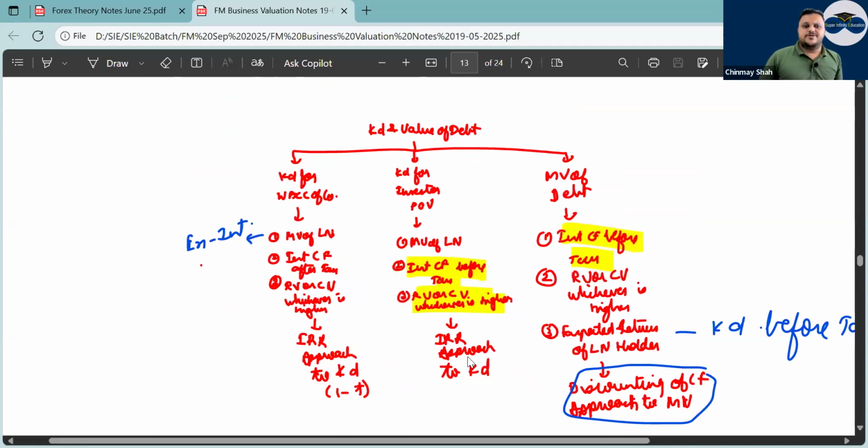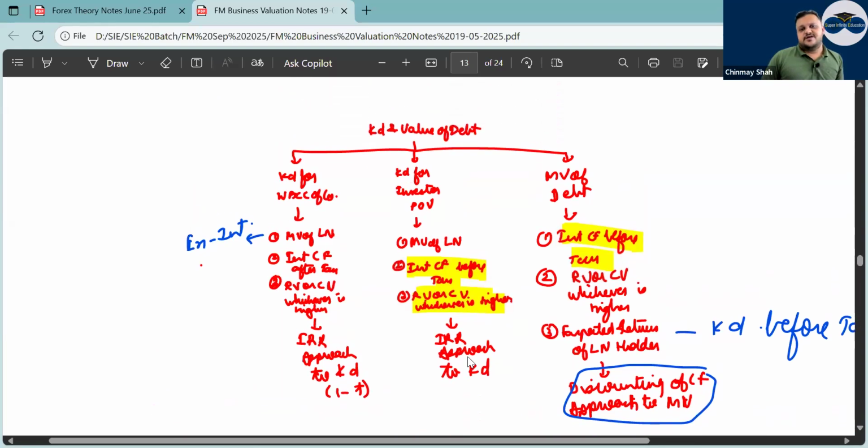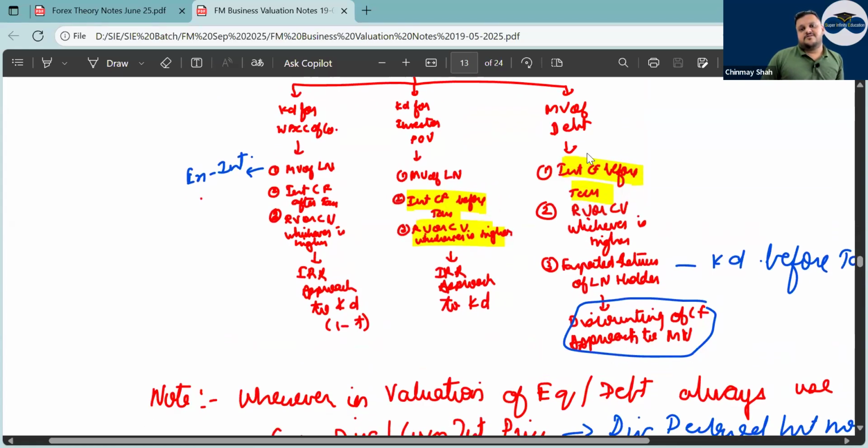When you have to find KD for WACC of a company, you have the market value of loan note, interest, cash flow after tax. You take redemption value or convertible value, whichever is higher. With the IRR approach, you find KD and use KD times (1 minus tax rate). But when they ask KD from the investor point of view, market value of loan note given, interest and cash flow before tax, IRR approach, so you find KD, right? But when you have to find market value of debt, you have to take interest, cash flow and redemption value before tax.